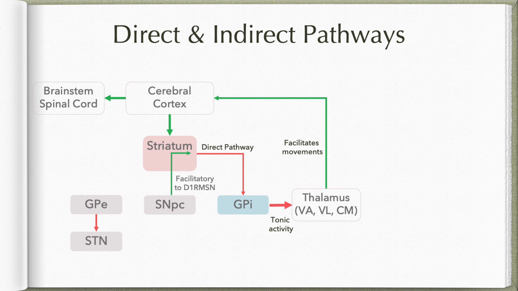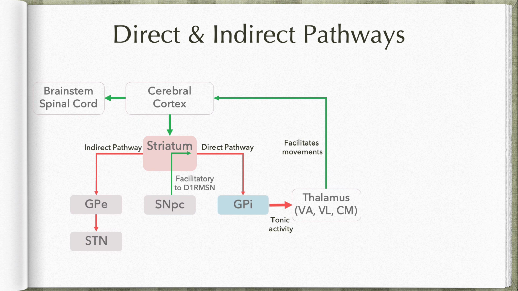Now back to the tonic inhibition of the thalamus by the globus pallidus internum. When the cerebral cortex projects to the striatum, there is another pathway which gets activated, that is the indirect pathway, which will send its inhibitory output to the globus pallidus externum. Now globus pallidus externum is an intrinsic nucleus.